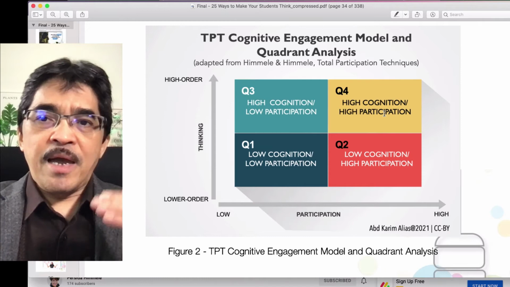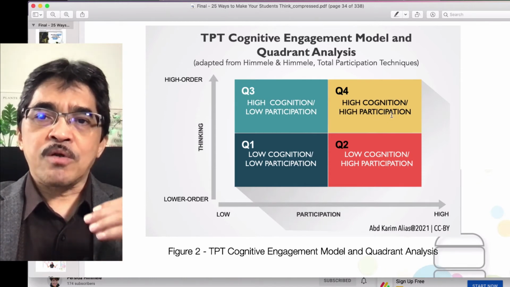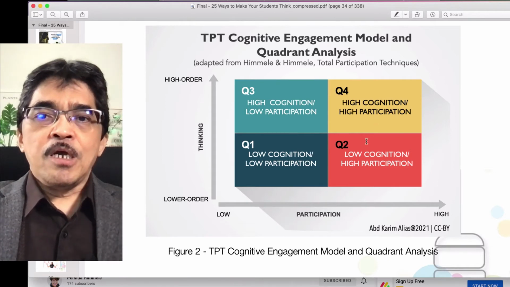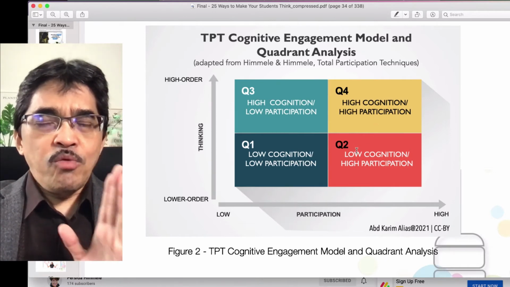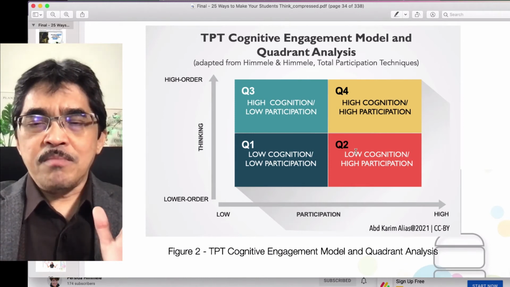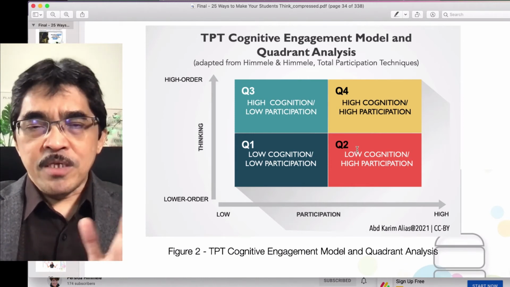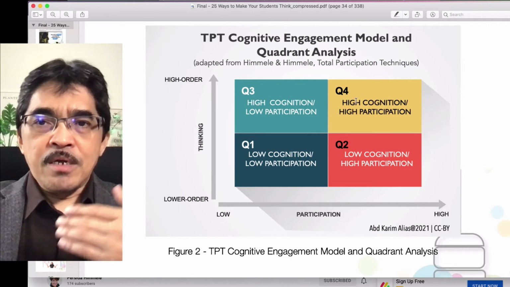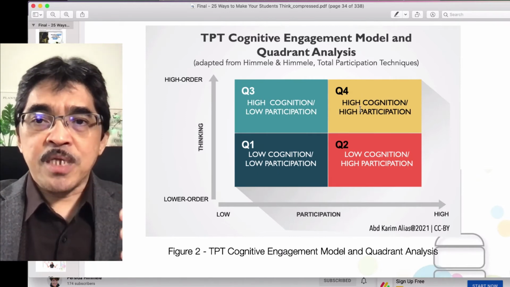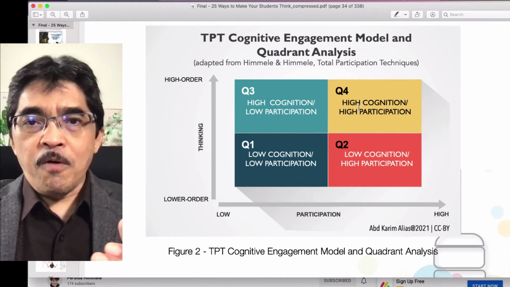Students should be highly engaged cognitively and highly engaged behaviorally. So in other words, we always aim to be in Q2 for part of the classroom session, maybe 30% of it, and 70% or 60% or even 50% should be in Q4.